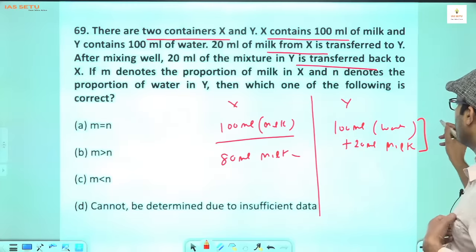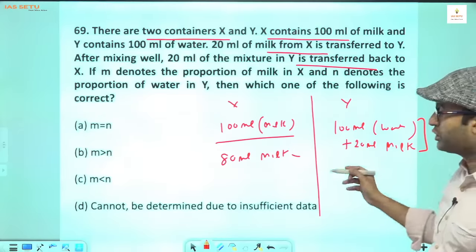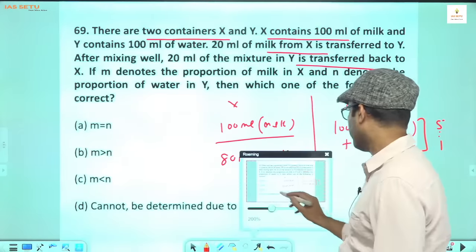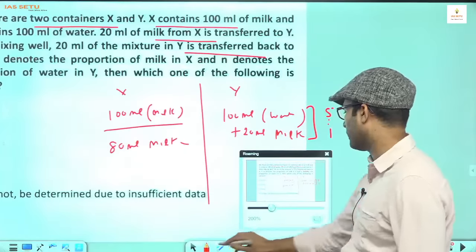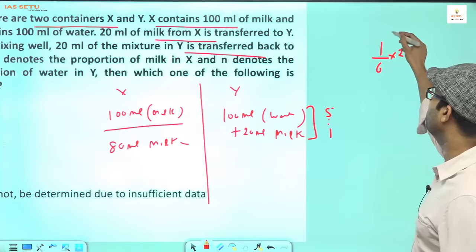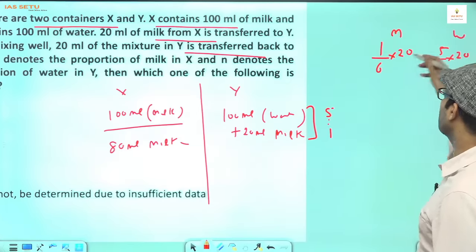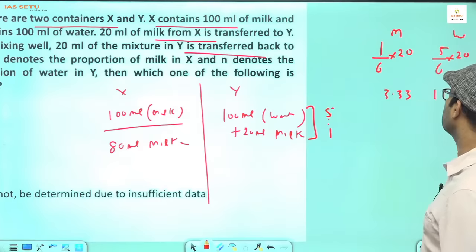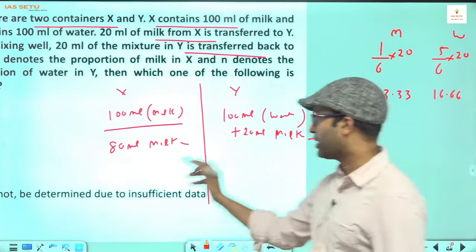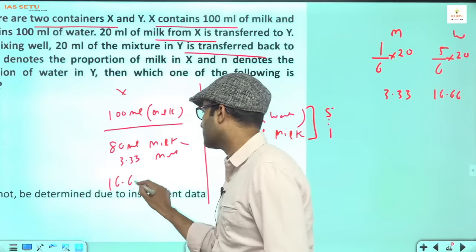So the ratio of water to milk is 5:1 in that 20 ml, so it will be in the same ratio. So we will check what will be the milk here and what will be the water here. Here 1/6 of 20 will be milk, 5/6 of 20 ml will be water. So it comes to 3.33 and 16.66. So now here there will be 3.33 milk and 16.66 water.